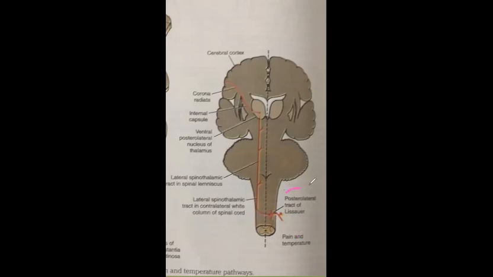Just remember this: posterolateral tract of Lissauer. The fibers, before decussating, form a very small tract over here. They call it the posterolateral tract of Lissauer.